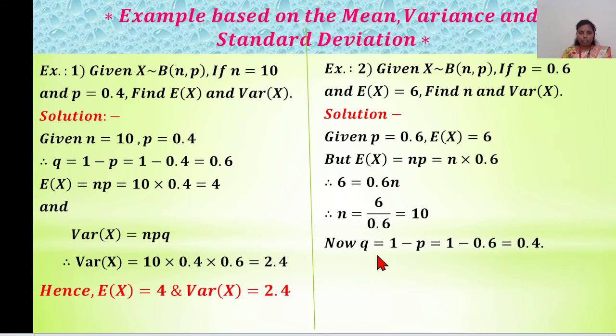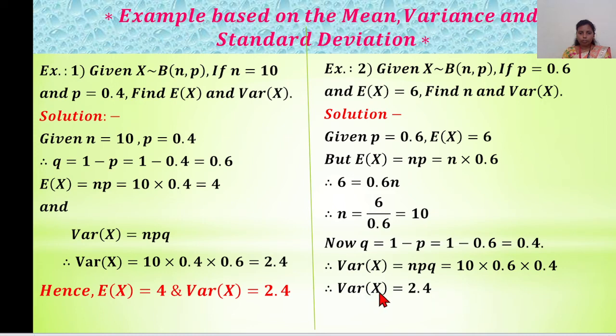Now we know that the formula of q is equal to 1 minus p, that is equal to 1 minus 0.6, which is equal to 0.4. Therefore, variance of x is equal to npq, which is equal to 10 into 0.6 into 0.4. Therefore, variance of x is equal to 2.4. Hence, n is equal to 10 and variance of x is equal to 2.4.